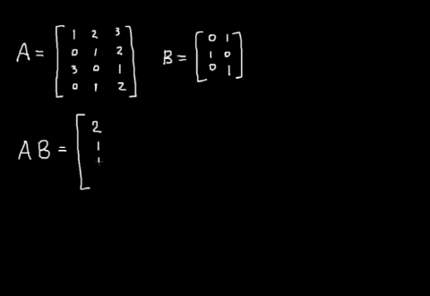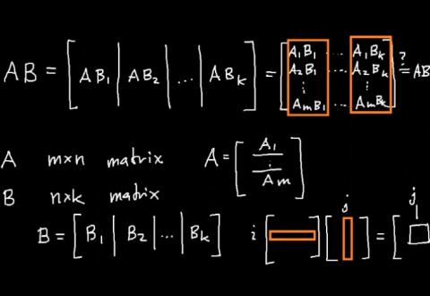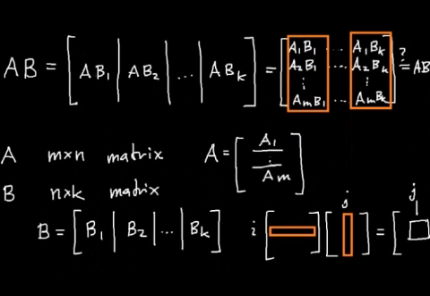So the next entries are going to be 0 and 1. So we've managed to fill the first column. But look at this. How did we fill the first column? We basically multiplied the matrix A by the first column of B. And that's exactly what the rule says, the formula here, right? That the first column of the product is going to be the matrix A times the first column of B.